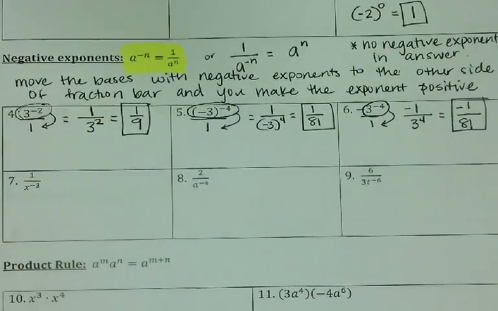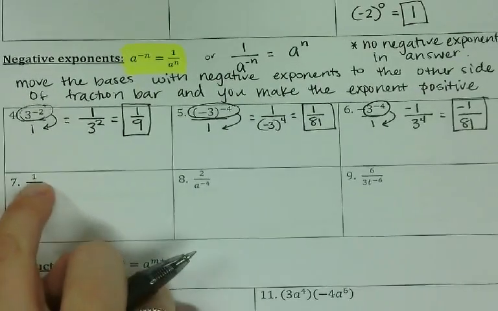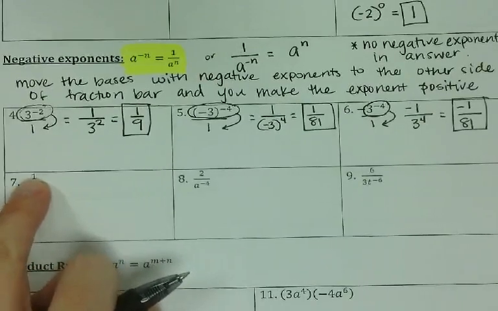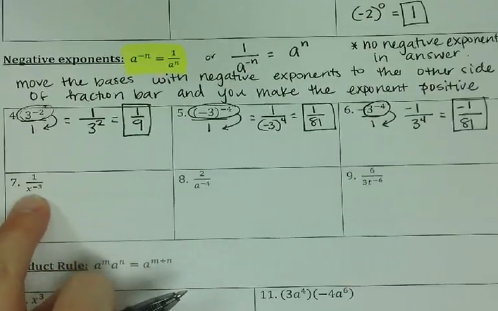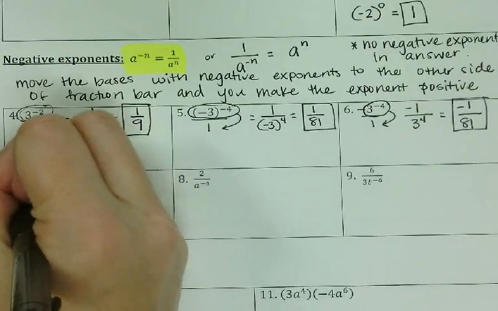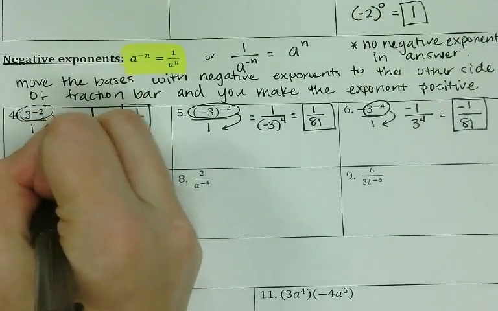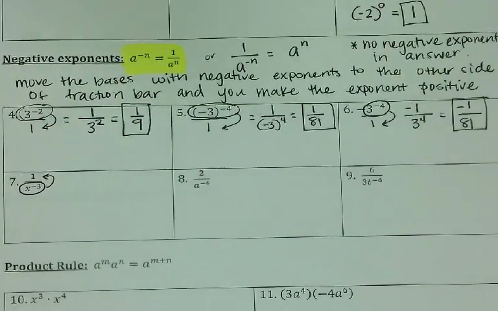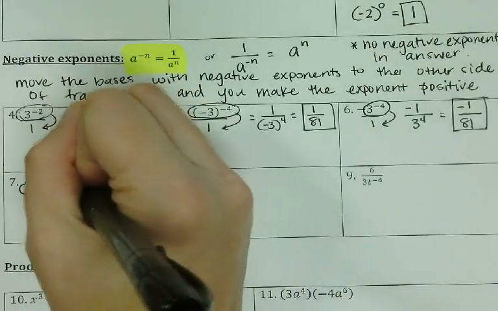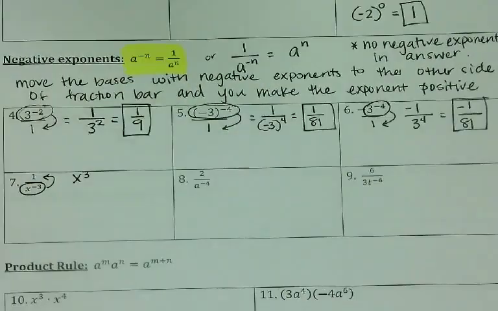So for number 7, now we have something on the bottom of our fraction here. Does my 1 have a negative exponent? Nope, so we don't have to worry about that. We only have to move things that have negative exponents. So this x to the negative 3 is going to flip to the top. So that becomes x to the positive 3.